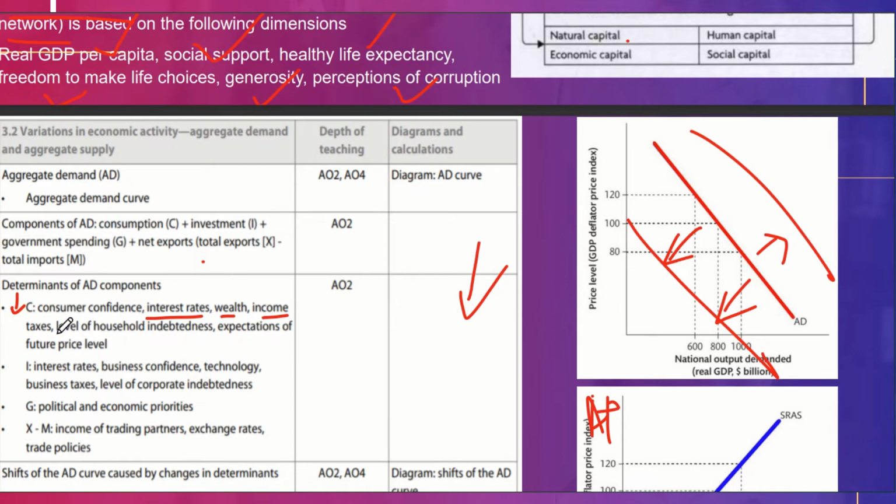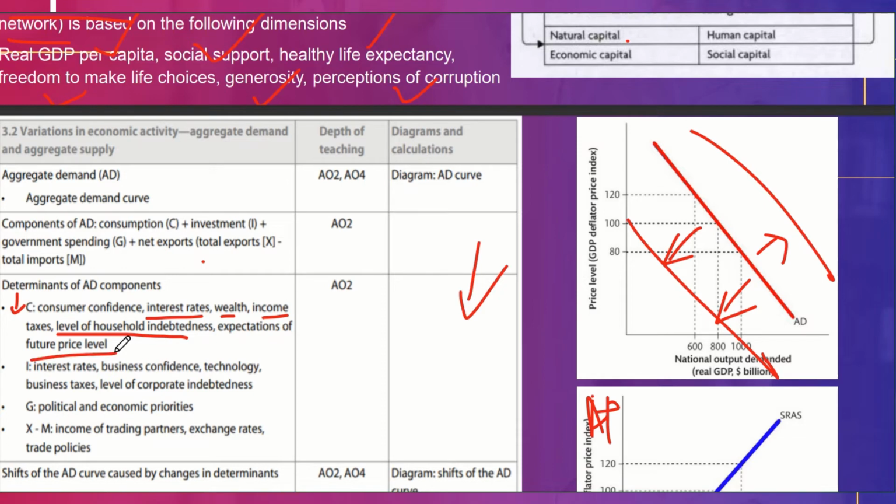And level of household indebtedness. See, if there is more indebtedness, people will not be spending more. If they have less indebtedness, they will have the opportunity to spend more. So obviously consumption will increase, and that will influence aggregate demand. Then expectation of future price level.